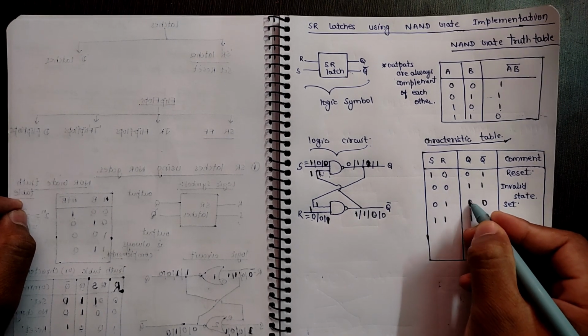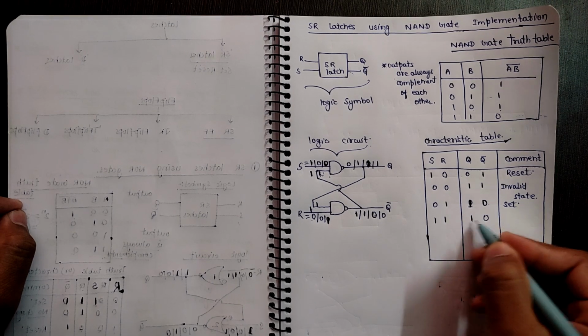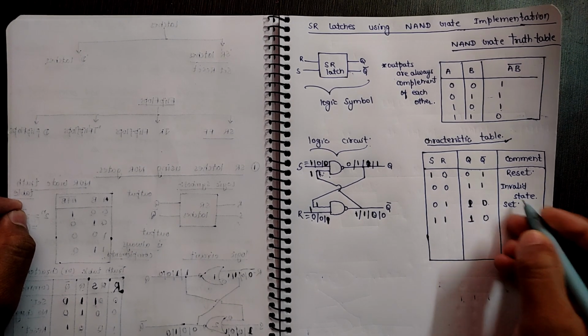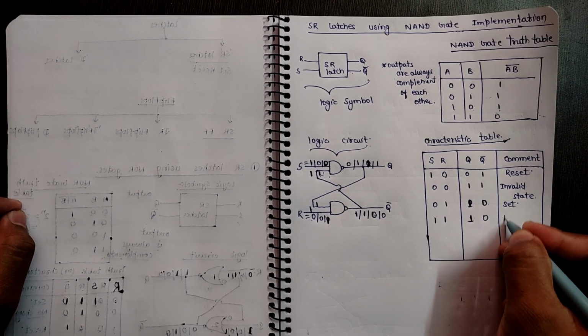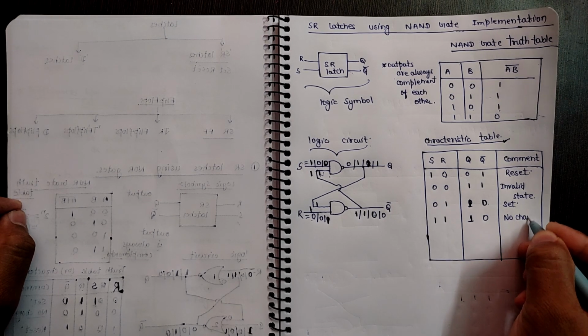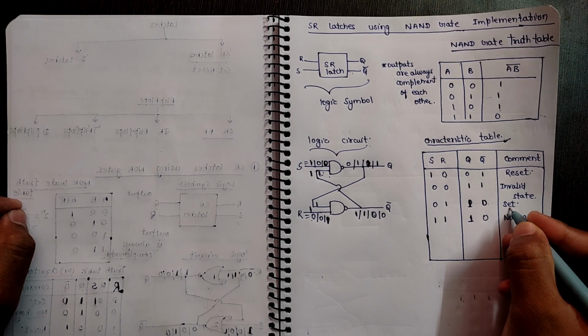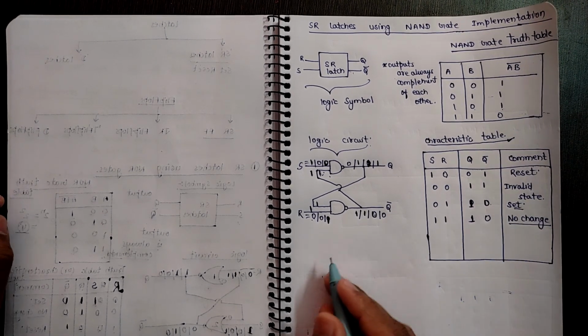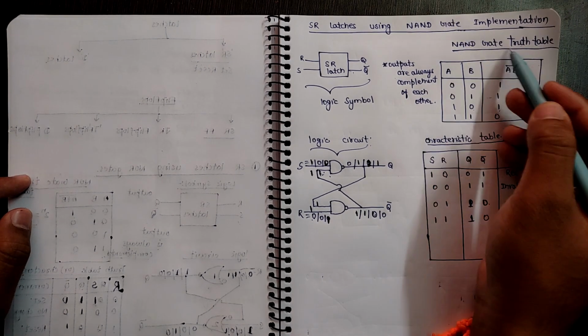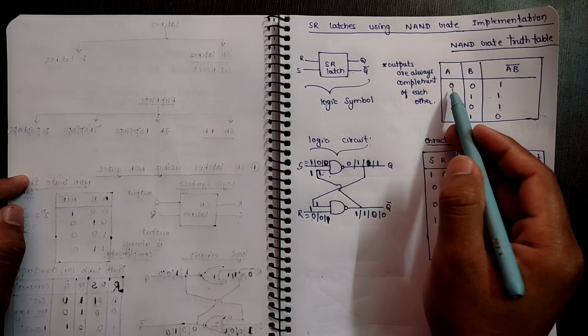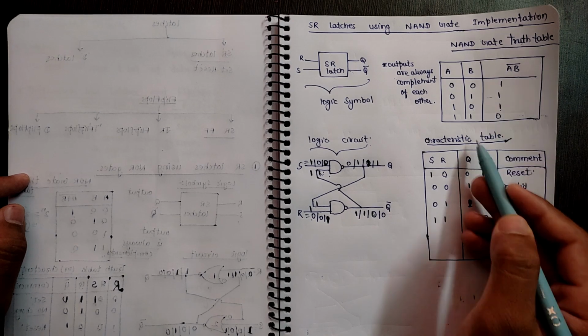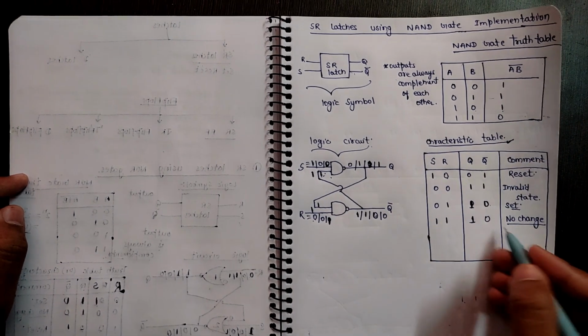So the previous output is 1 and 0, and this output is also 1 and 0. So this case is called no change, because the previous output is same as this output. So we need to remember the NAND gate truth table and the logic that if any of the input is 0, we will get 1, and when we implement this, we can easily get this.